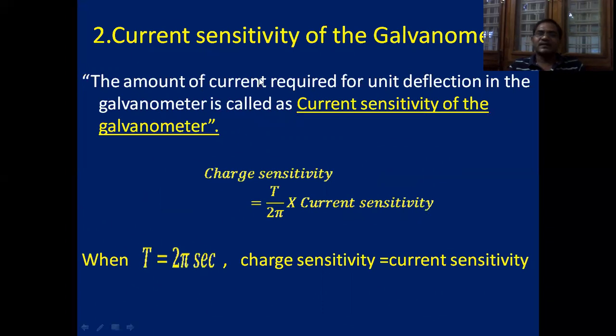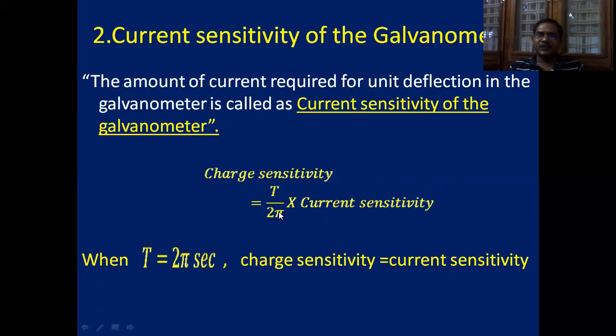The second one is the current sensitivity of the galvanometer. Similar definition. The amount of current required for unit deflection in the galvanometer is called the current sensitivity of the galvanometer. Here charge sensitivity and current sensitivity are related as charge sensitivity equal to T by 2 pi times the current sensitivity.